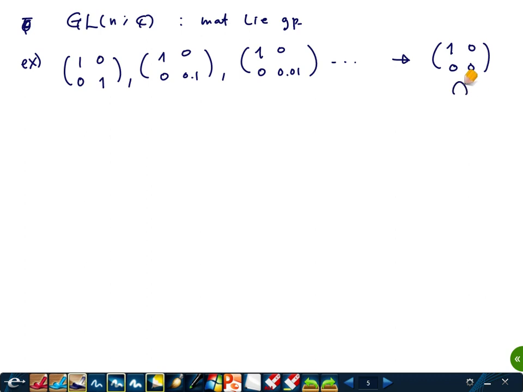It is not inside GL_n(C), but it is not invertible, so that's okay. So the limit is either inside the group or non-invertible. That's the condition.